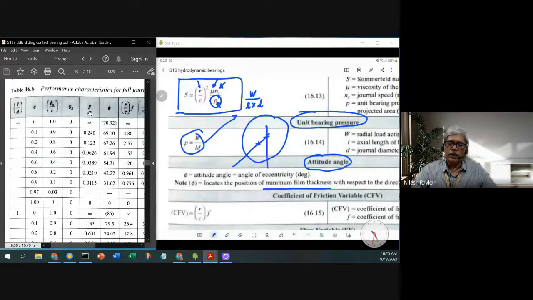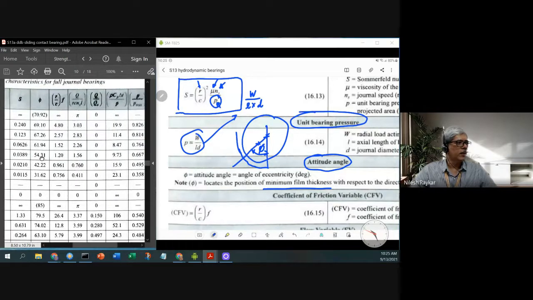At this particular location, you will find that the film thickness is minimal. That location is given by this phi. In most of our calculations, we don't require this particular parameter, but since it appears in the solution I'm giving it here. The third important factor is the friction factor.